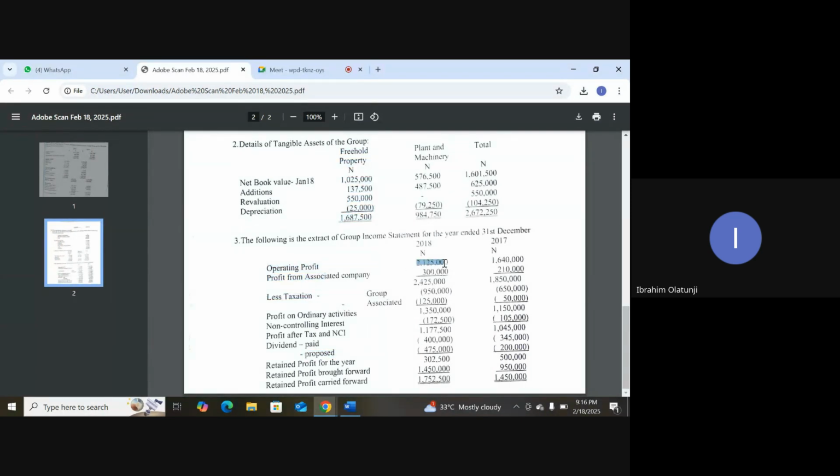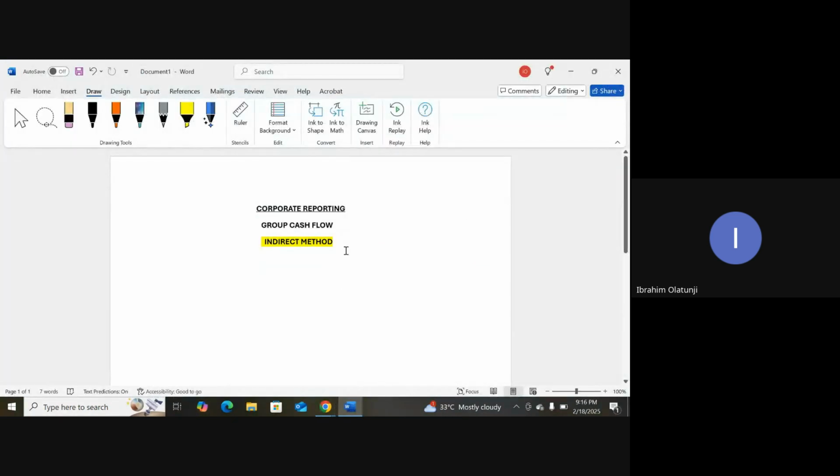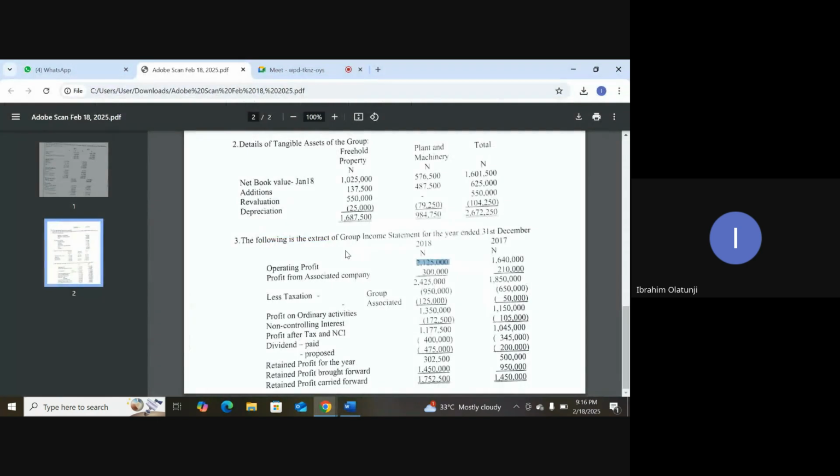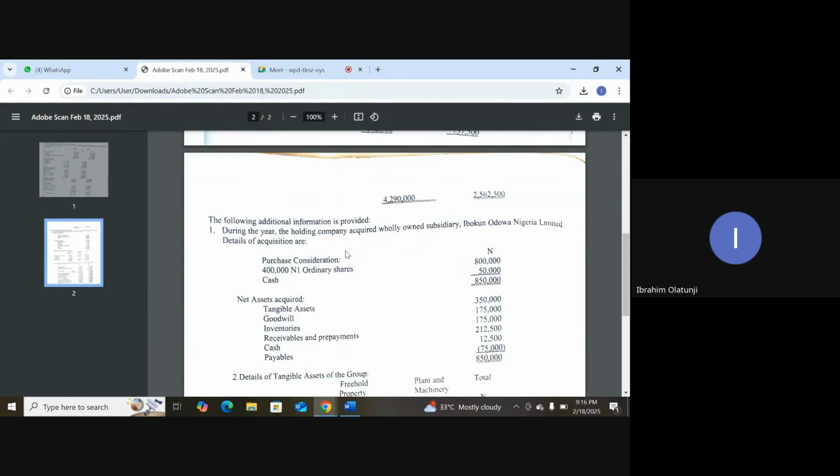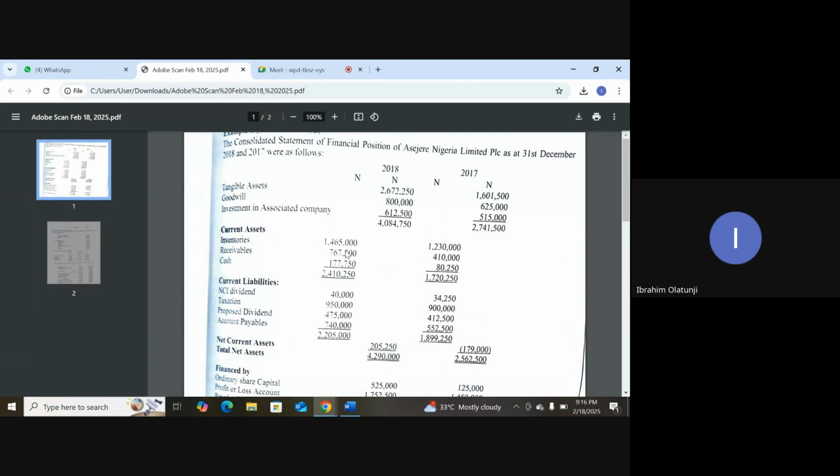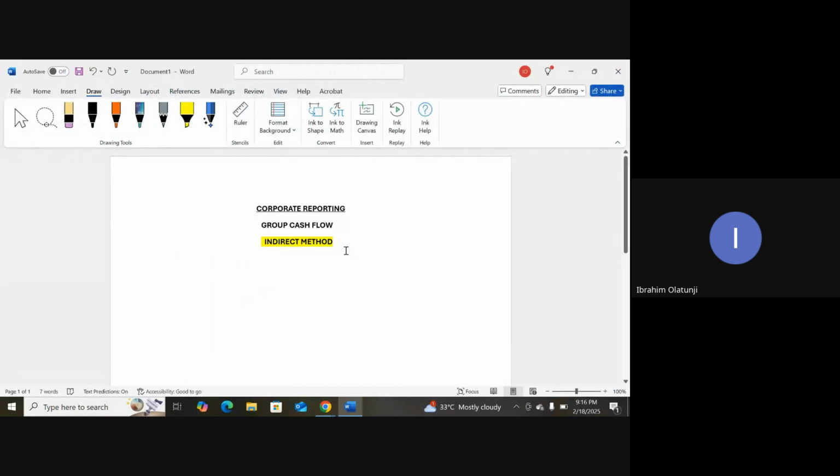Then you just pick this 2018 as our closing balance. Then you put the name of the company. What's the name of the company? ACCA Nigeria Limited. Then just write the ACCA group, because we are working with a group.